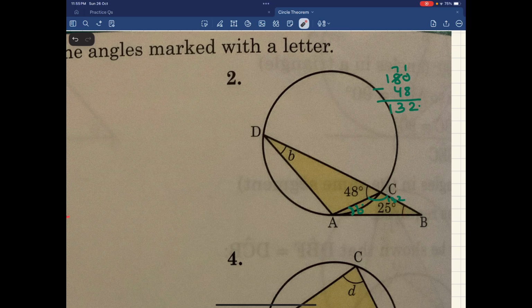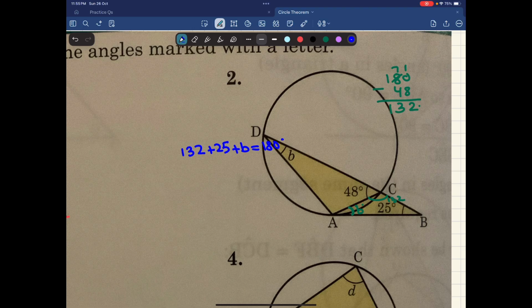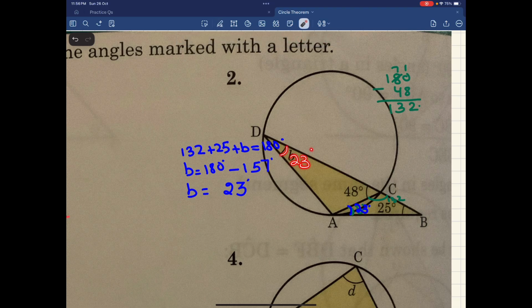So 132 plus 25 plus B should be equal to 180 degrees. B is equal to 180 minus 157 degrees. So we have B as 23 degrees. And if this is 23 degrees, this is also going to be 23 degrees because of the alternate segment theorem.